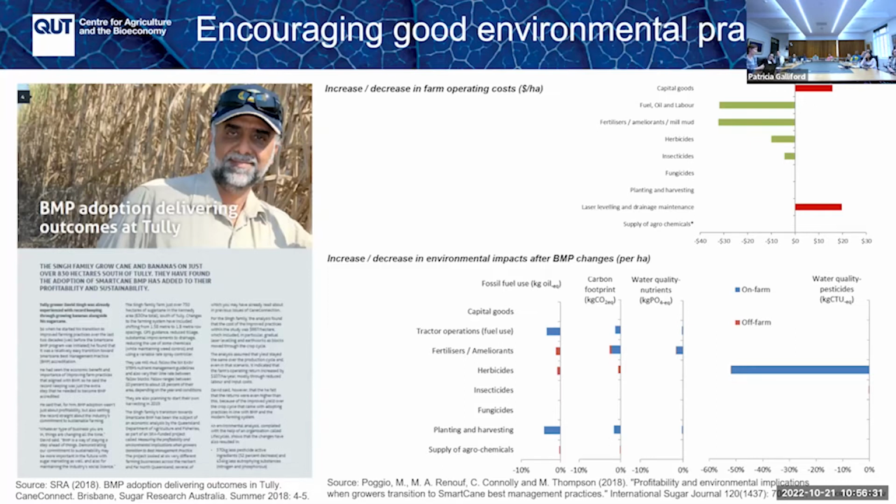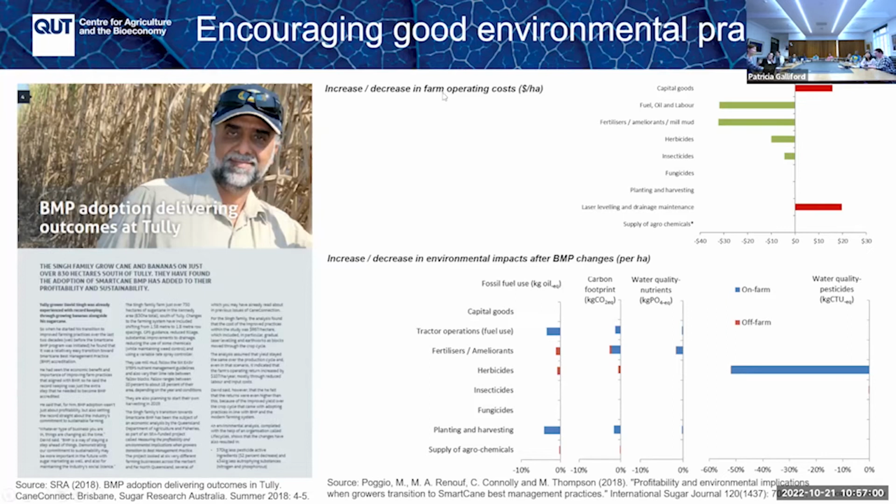So we've gone through about 12 different cane farmers who have made changes, and luckily I'm very impressed at how much farmers can retain a knowledge of how they used to grow things even 10, 20 years ago and how they grow things now. So we've been fortunate to be able to get lots of data about before and after, and we model how much that has influenced environmental performance.